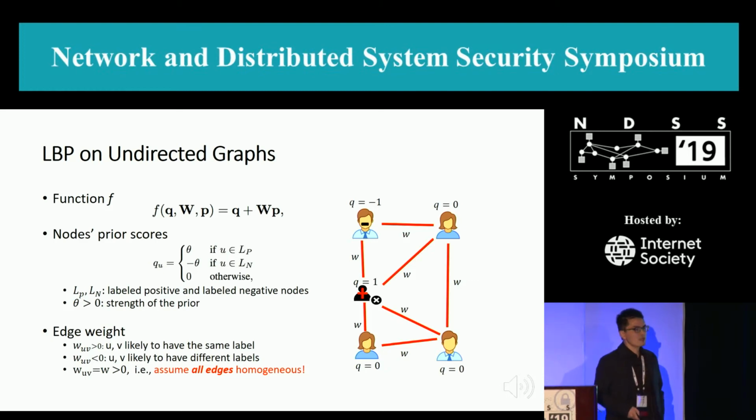Based on this, we propagate the scores across the graph to determine the status of the unlabeled nodes. Here, the major issue is that we assume all edges are homogeneous, with positive edge weights for all edges. And this is definitely not suitable for practical security and privacy problems.